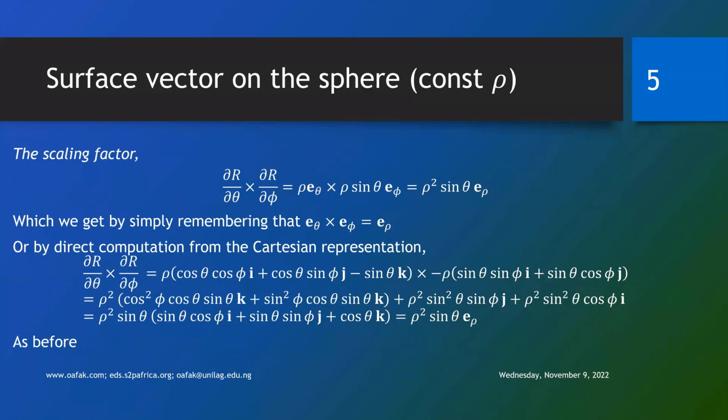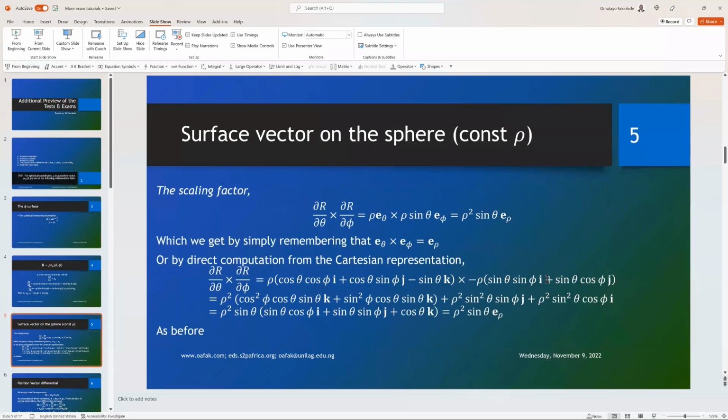But if that is very hard for you, you can go by direct computation, remembering that E theta is this quantity here, and that E rho and E phi, again, there's an error here. Let me just correct that error. E phi is, this is negative here. Fortunately, the computations are correct, so walk through the computations, so don't worry about that.